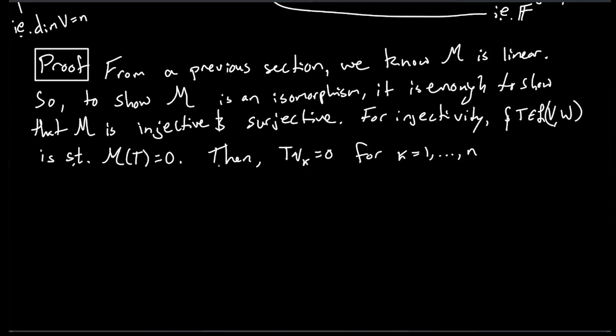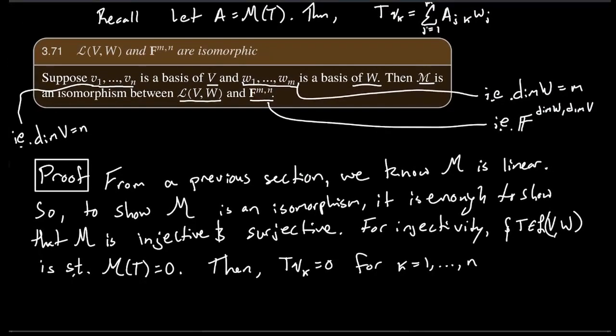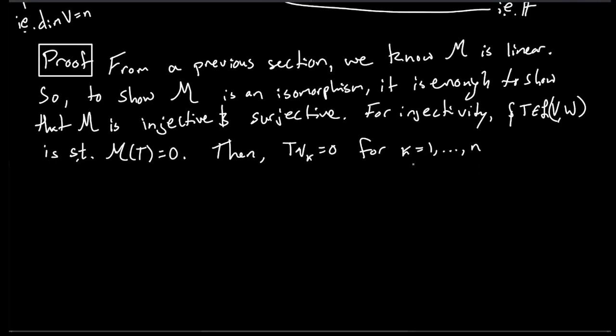So if you get out the 0 matrix, then that says that no matter what basis vector you put through, you get out the 0 vector. There's only one map that does this. There's only one map that is 0 on every element of a basis.